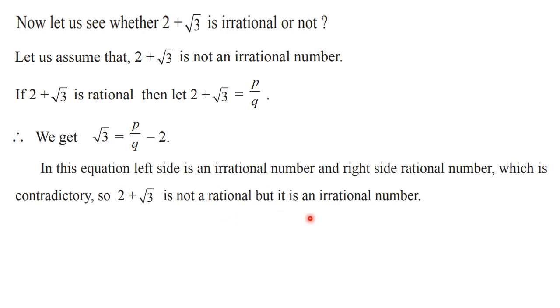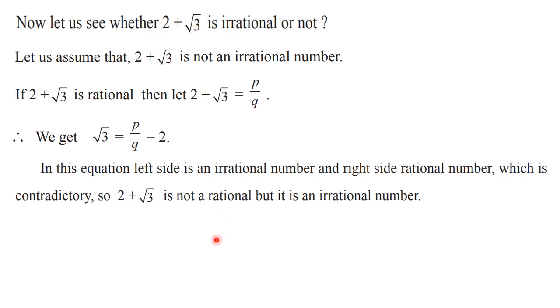Okay, so the addition of a rational number and an irrational number is an irrational number. So if we add one rational number and one irrational number, we are going to get an irrational number. Similarly, we can prove it for multiplication. Okay, if we multiply 2 into root 3, we are going to get 2 root 3.